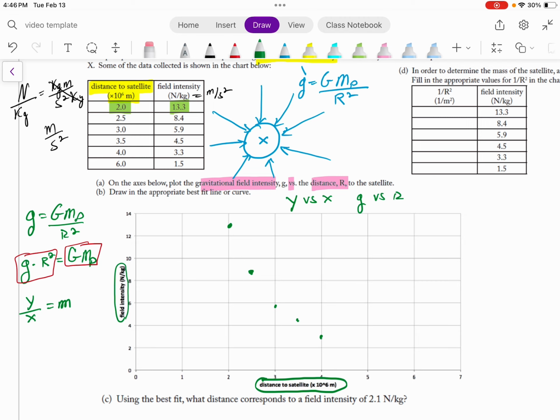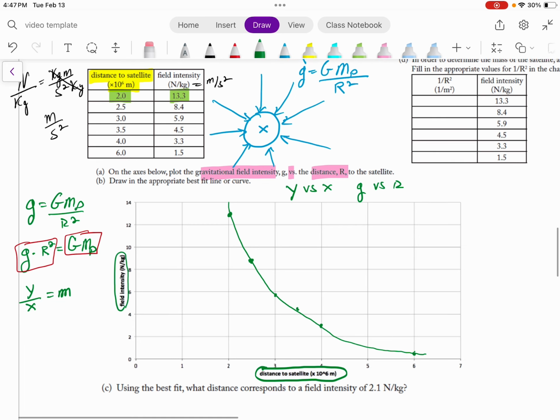And then I have field intensity of 1.5, somewhere right about, that's 1, so even lower, and that's 6, so somewhere like right here. Sure enough, not linear. Draw an appropriate best fit line or curve. So here's the curve. There we go. So I have just completed A and I've completed B.